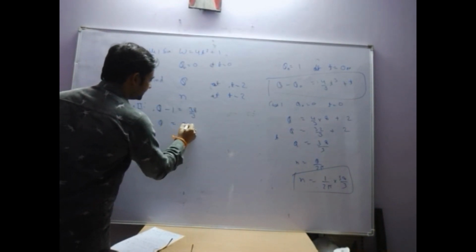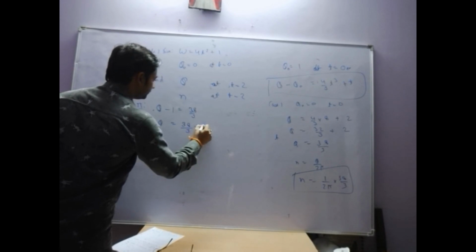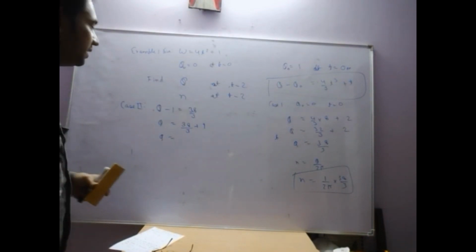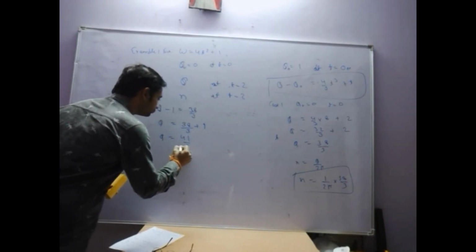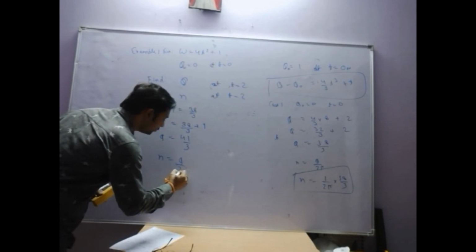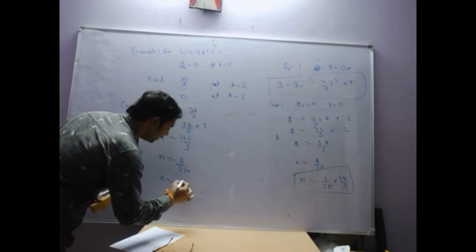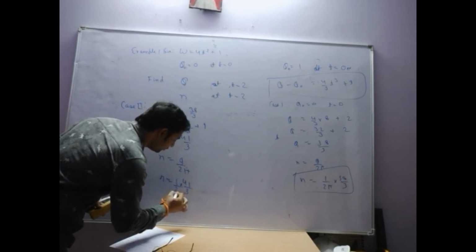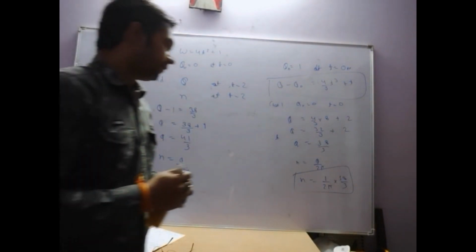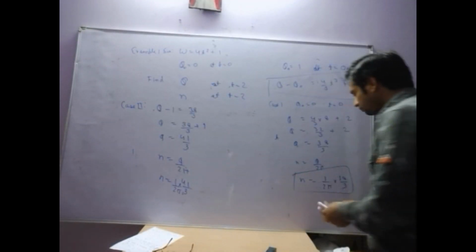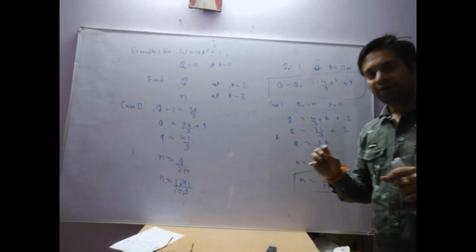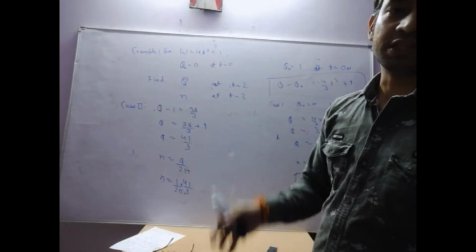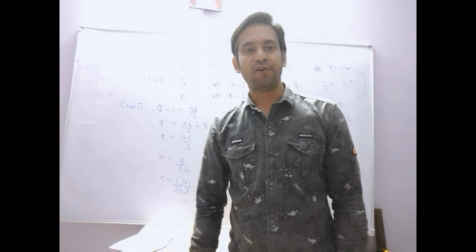Now the change comes here: therefore 38 plus 3 is equal to 41 by 3. Now n is equal to theta upon 2 pi, therefore the number of revolutions is 41 by 3 into 1 by 2 pi. So the answer is different if we change some detail of the question. Thank you for paying attention.